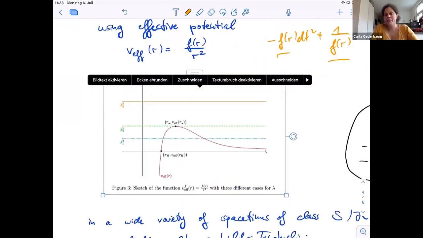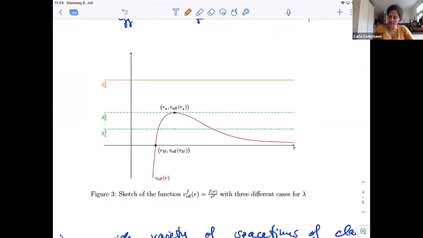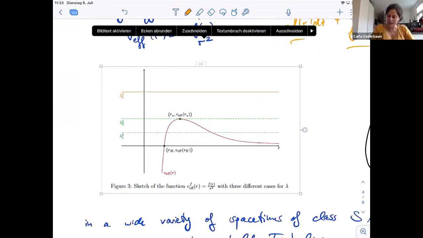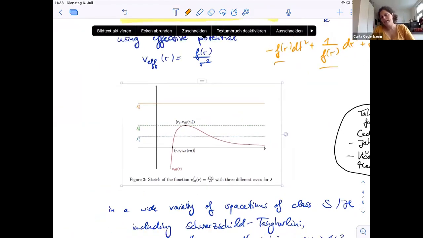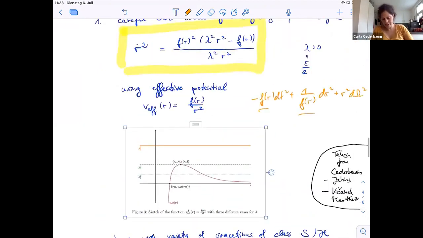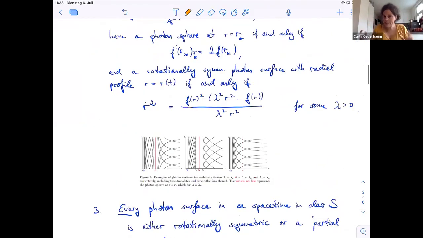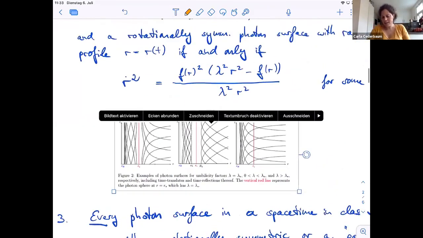And the different values of lambda correspond nicely to different energy levels in this effective potential diagram, which allows us to give a rigorous analysis and ensure that the picture we've seen earlier with all these nice profile curves is actually complete, and we haven't overlooked anything.